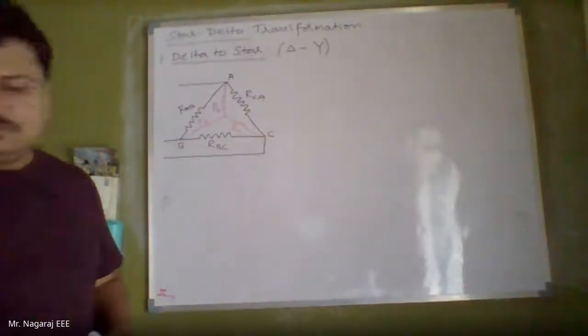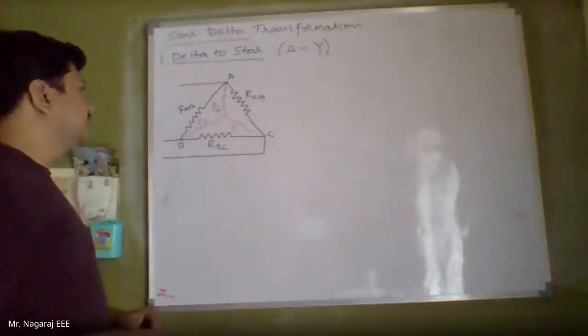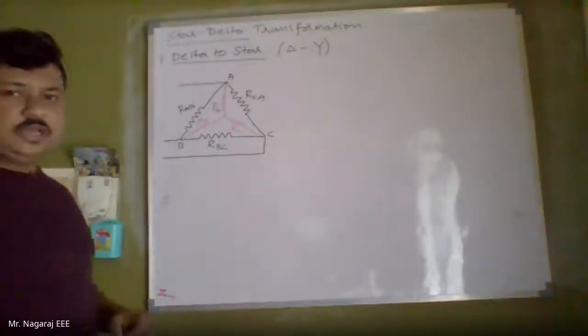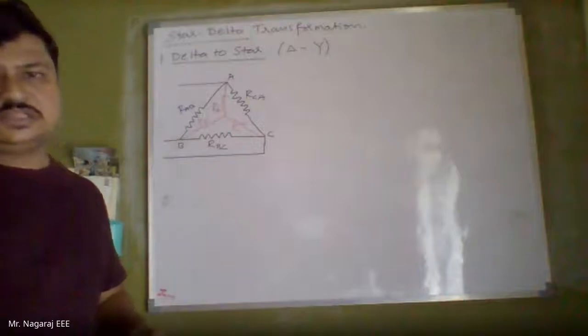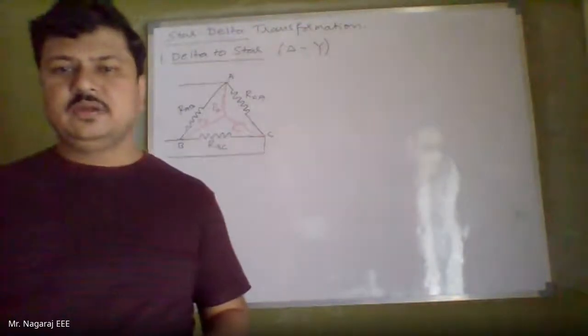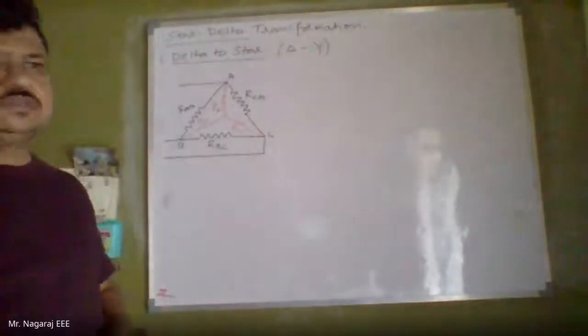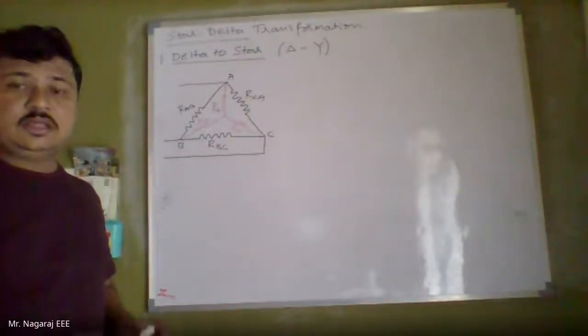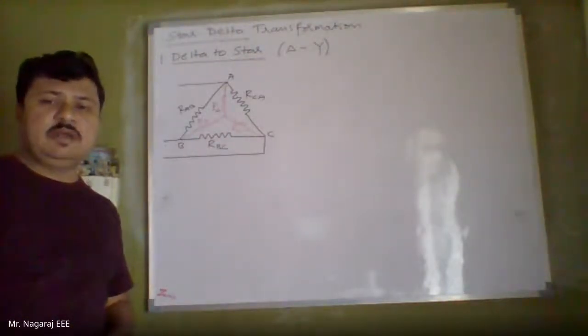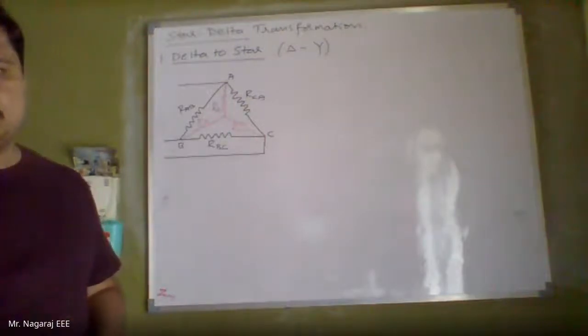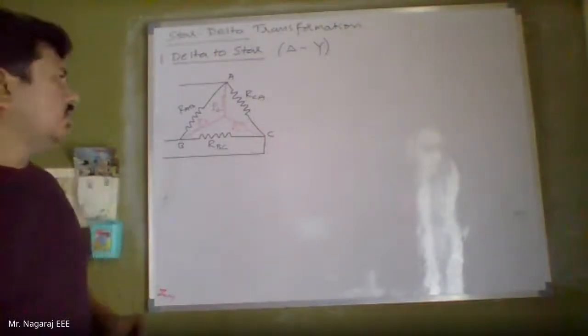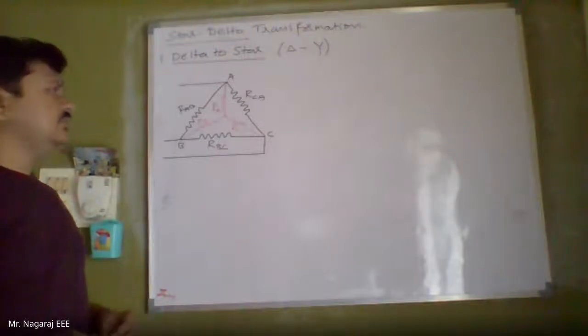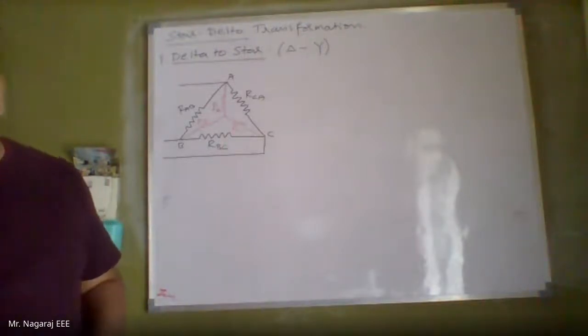So the principle we follow here is that across any two nodes, whether in star or delta, the resistance is equivalently the same.